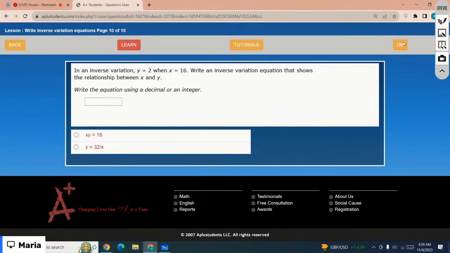The correct option is, yes, that is y equals 32 over x. Option number 2 is the correct option. Got it?